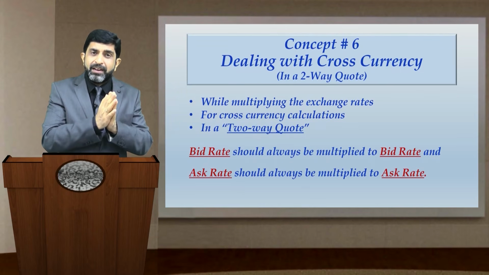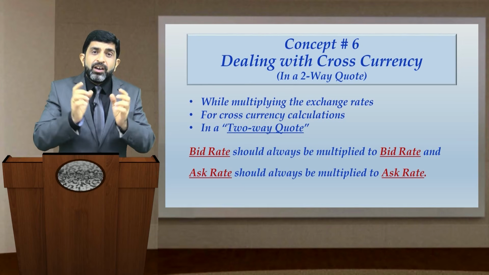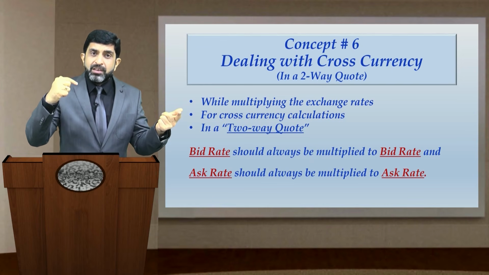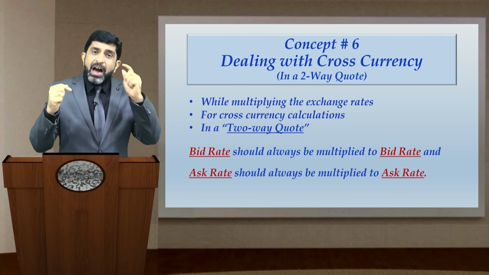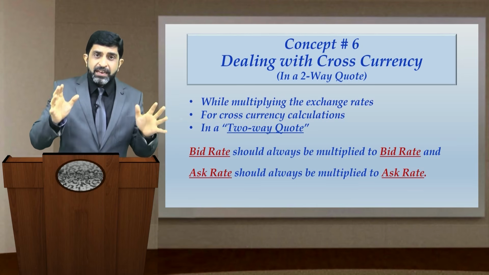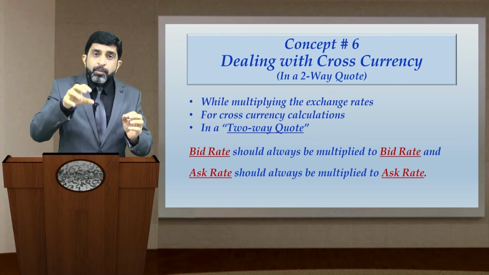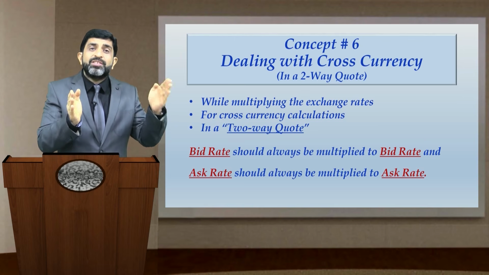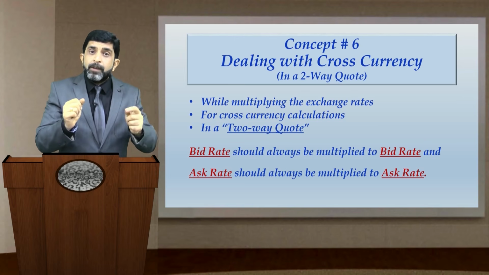You simply multiplied. What if I give you two-way quotes? INR per GBP equals INR per USD into USD per GBP, that equation is fine. But when I inform you that INR per USD is 68 to 69, it's a two-way quote.